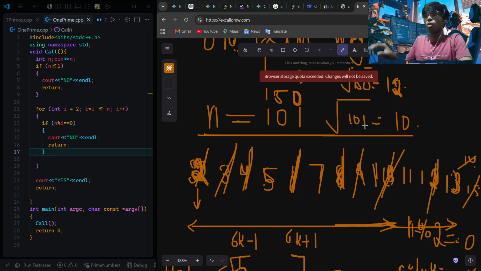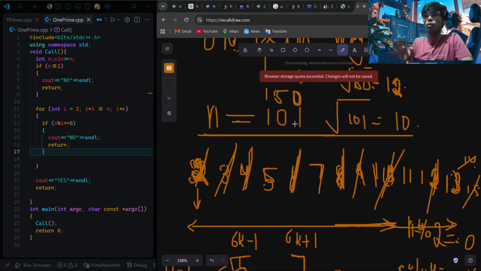Let's consider we are given n equal to 101 and we have to check whether this number is prime. We will start from 2 and go till under root n. Under root of 101 is approximately 10 point something, which is 10.